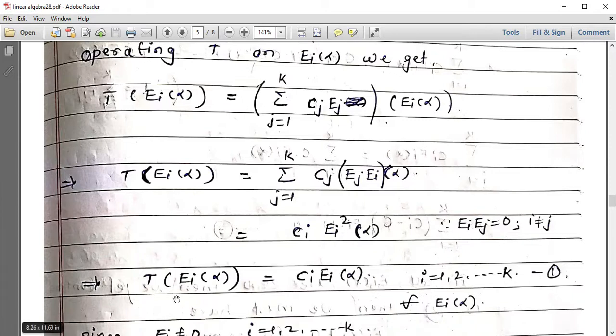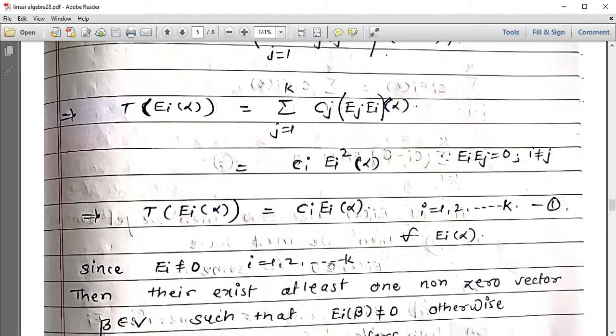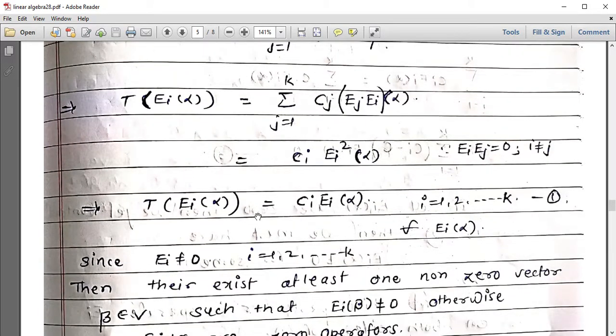Hence, T of Ei of alpha is equal to Ci Ei of alpha, because each Ei is a projection on V. We can write Ei square is equal to Ei. Hence, by the definition of characteristic vector, Ci is a characteristic value, since Ei is not equal to 0.